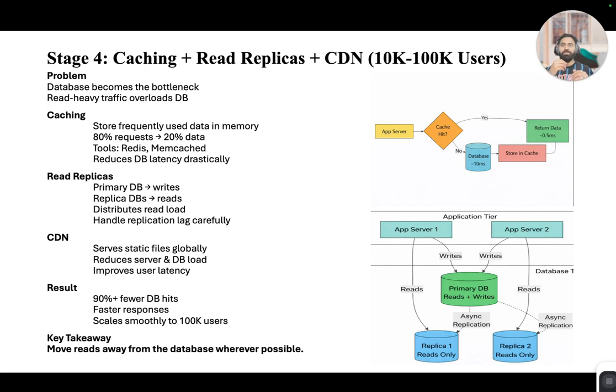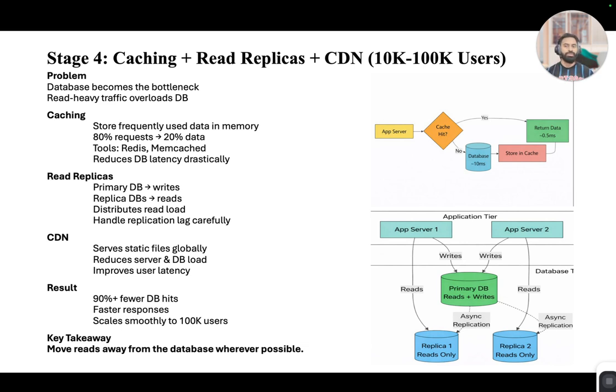Your application sends write or update queries to the primary database, and then sends the read queries to the replica databases. So basically we divide the database into one primary and multiple replicas. These replicas only serve read queries. This spreads the load and improves the performance.